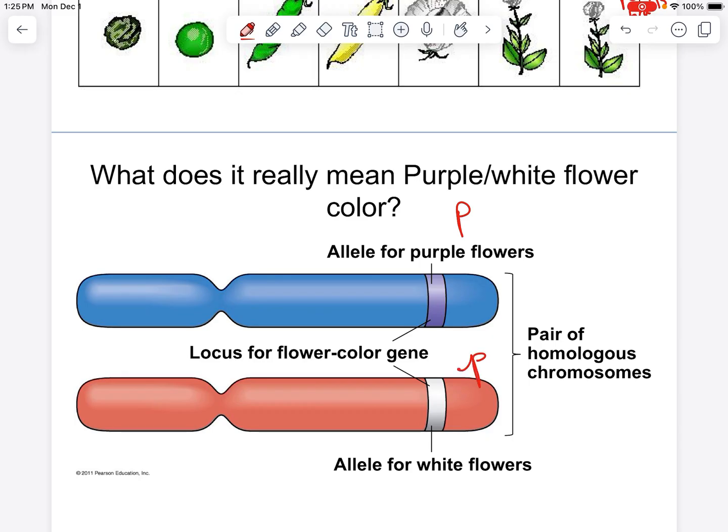So really the homolog pair here would be big P, little p, which would then give it its purple color. Because it's a homolog pair, one's got to come from the anther, and then one's got to come from the egg. Again, when that fertilization takes place, we go from haploid cells to a diploid cell.